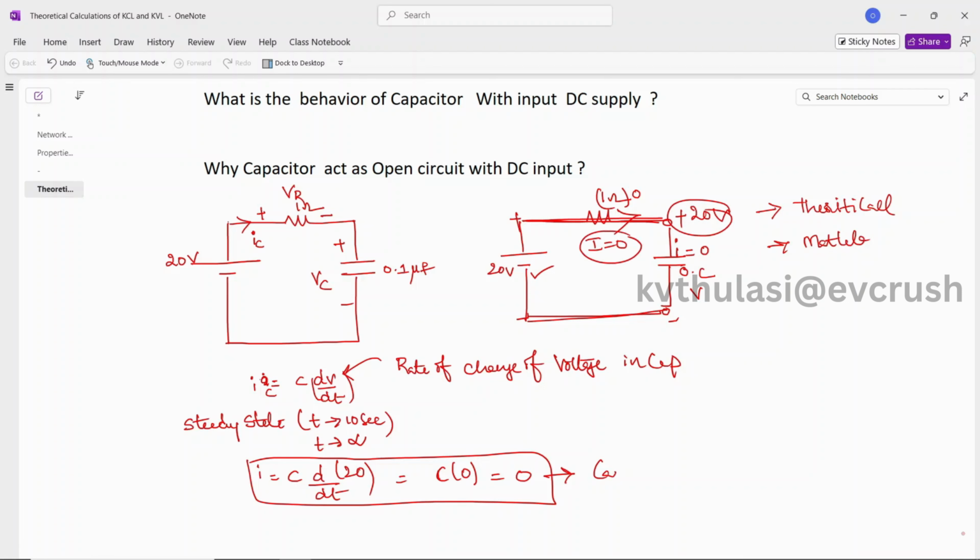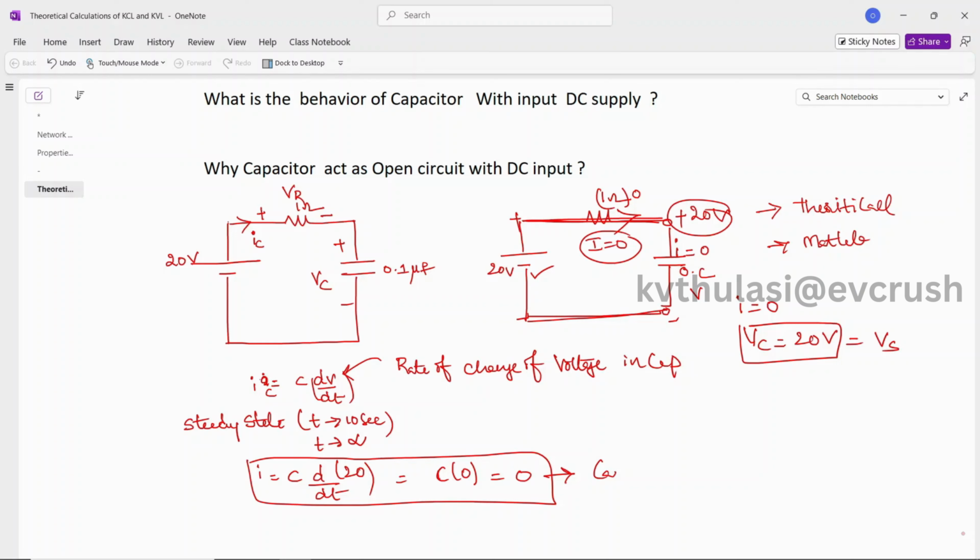Therefore the capacitor under steady state condition, which is called the final state at a time of 10 seconds, will act like an open circuit, and it will allow the maximum voltage to be available across the capacitor, equal to the source voltage.